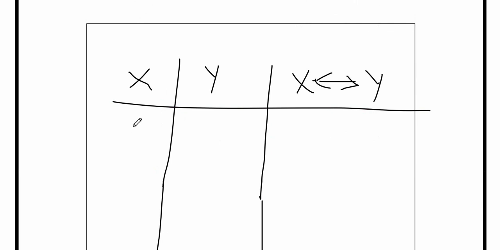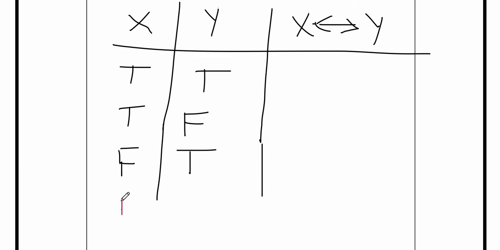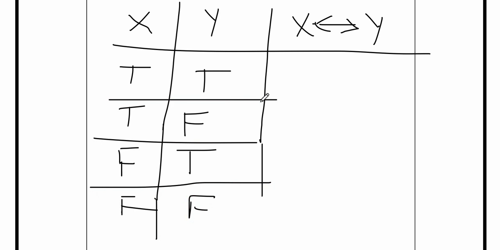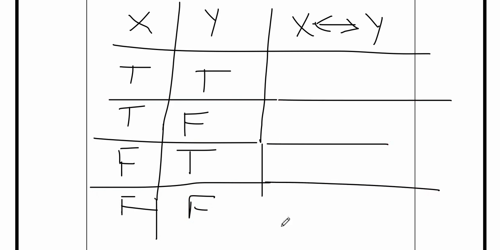We'll have only four combinations possible because there are two constants here: true, true, true, false, false, true, and false, false. In this case, it is true only when both are true or both are false. That is all we need to know. Otherwise, it is false.